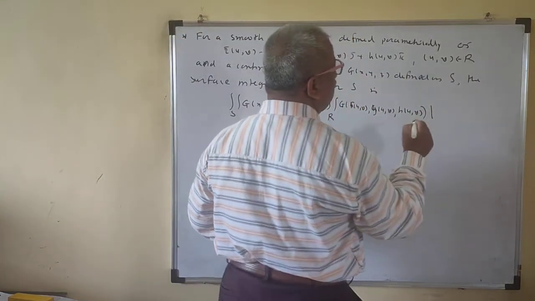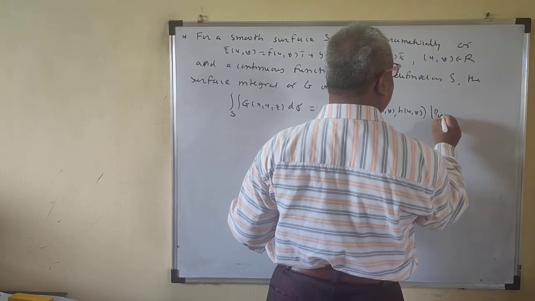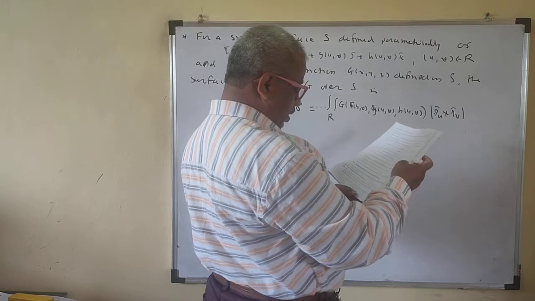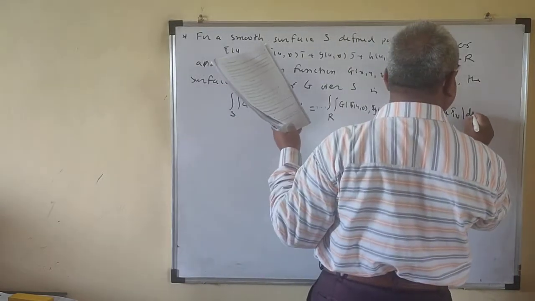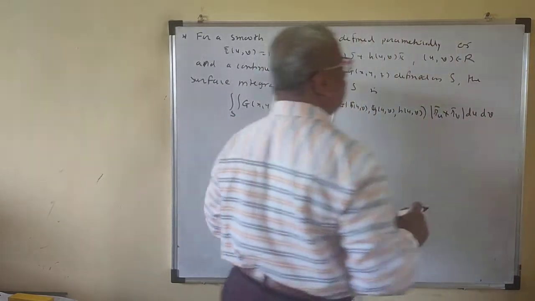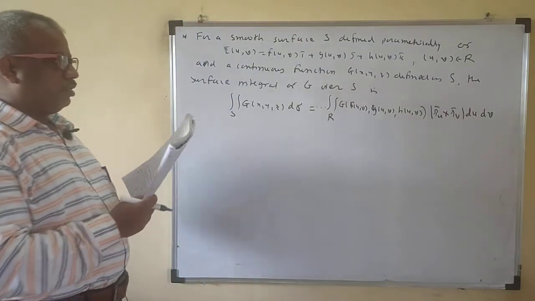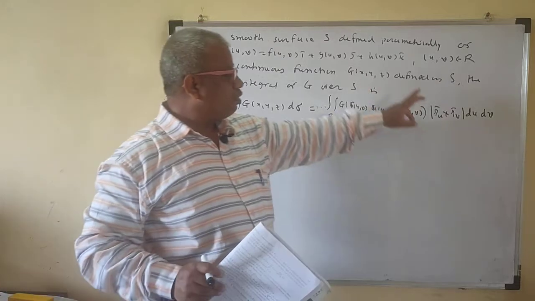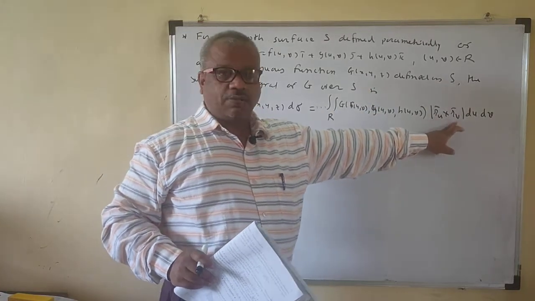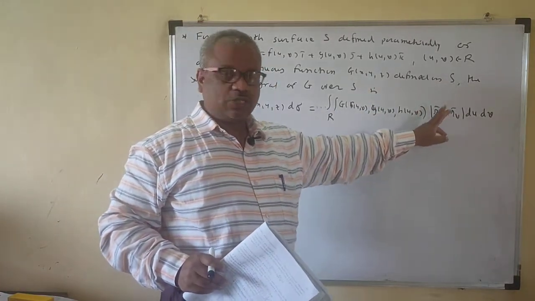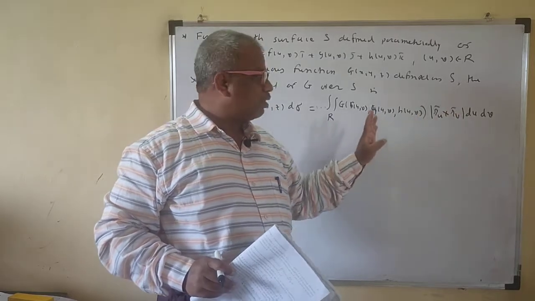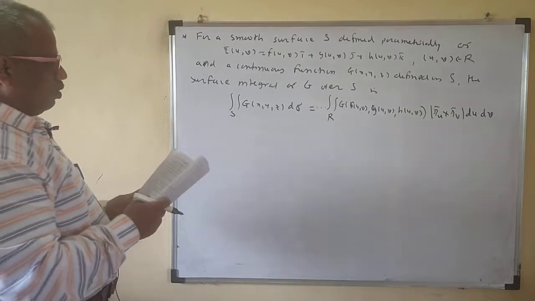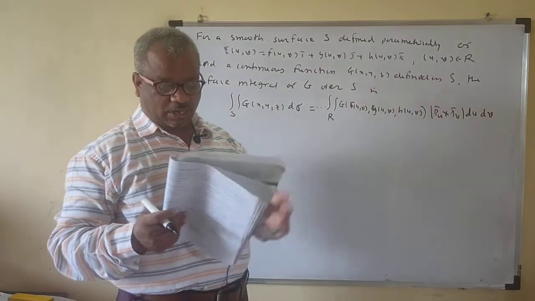And you have to multiply by this, du dv, just like a Jacobian. This is a parametric equation. What you have to do is find the partial derivative of r bar with respect to u and with respect to v, take the cross product of that, and take the modulus, that means the scalar quantity. Here the limits of u and v are important to evaluate this.